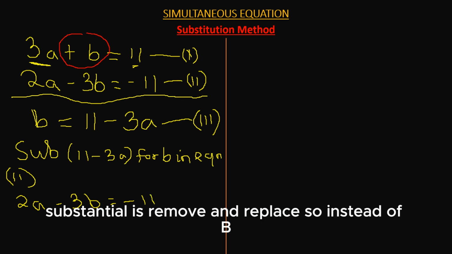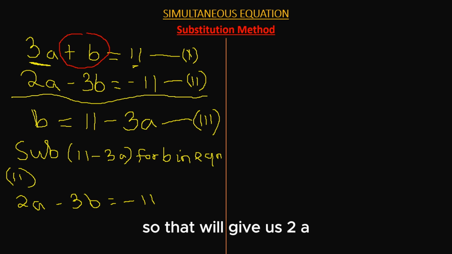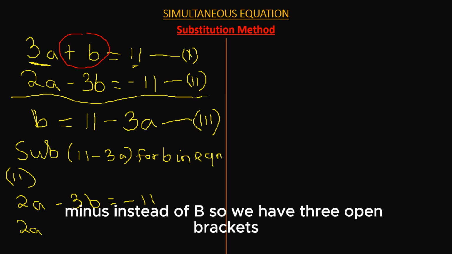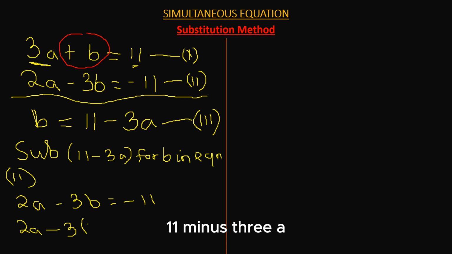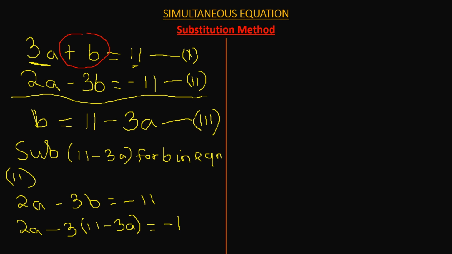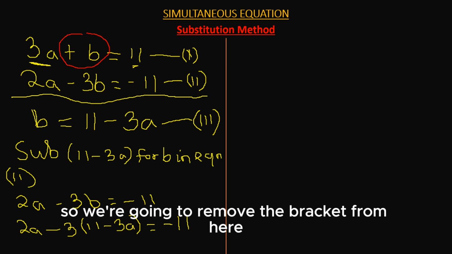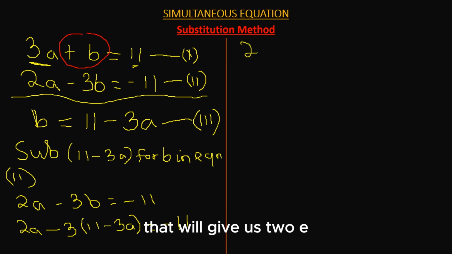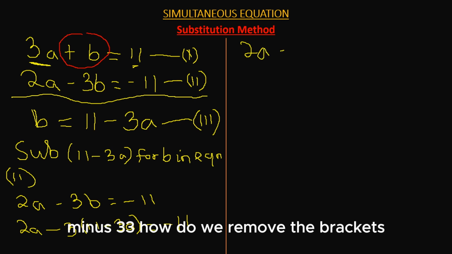So instead of b, now we want to put this, so that will give us 2a minus, instead of b, so we have 3 open brackets, 11 minus 3a close brackets equal to minus 11. So we're going to remove the bracket from here. That will give us 2a minus 33. How do we remove the brackets?